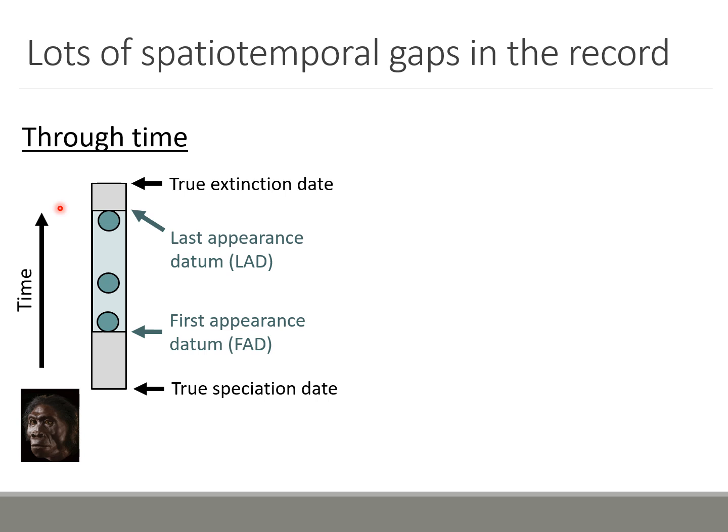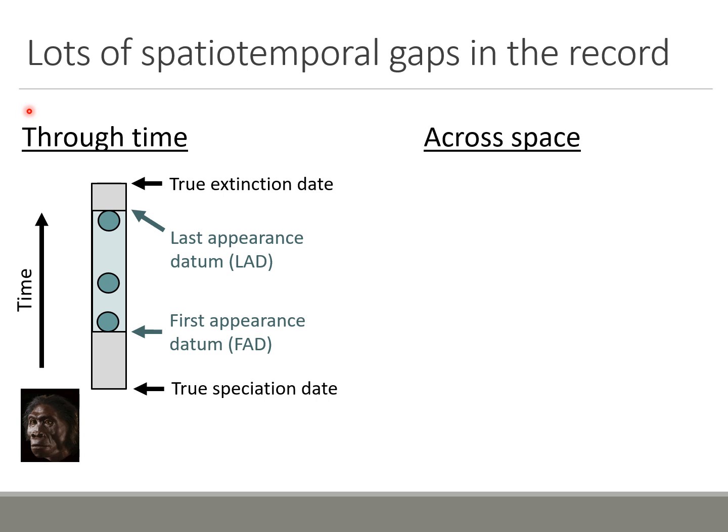So the takeaway from this is that the observed temporal range that we know from the fossil record is always shorter than the true temporal range. And as the fossil record gets better and better, as we explore more, discover more, that range gets extended. The FAD approaches the true speciation date. The LAD approaches the true extinction date. Okay, it's like a limiting phenomenon for those of you who are familiar with calculus.